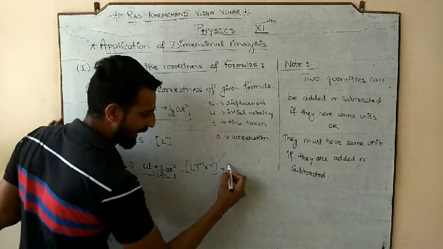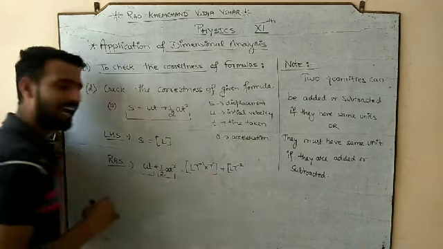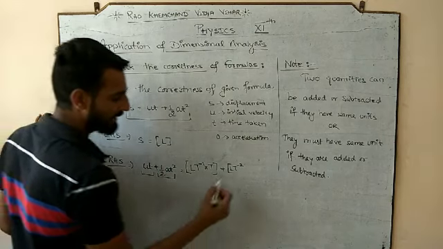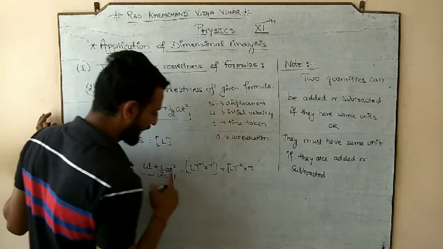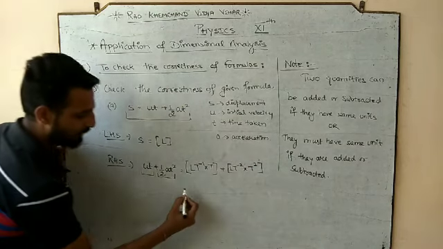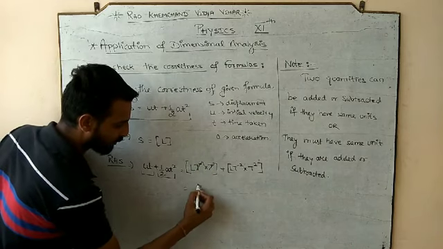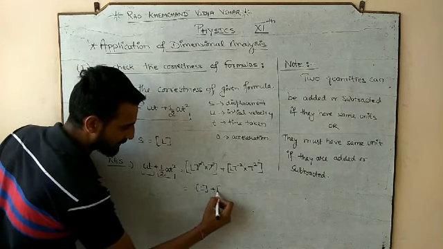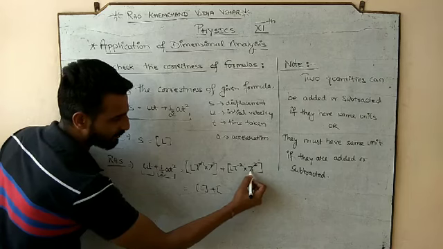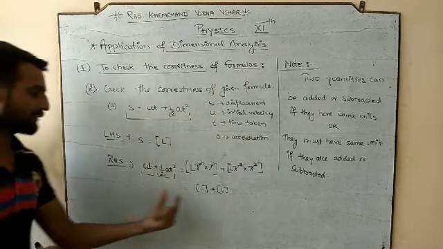A stands for acceleration, and the dimension of acceleration is LT minus 2, and t stands for time, but here we have t square. Let's try to solve this. LT minus 1 into T, T cancels, it becomes L. Plus LT minus 2 into T square, T cancels, it remains L.